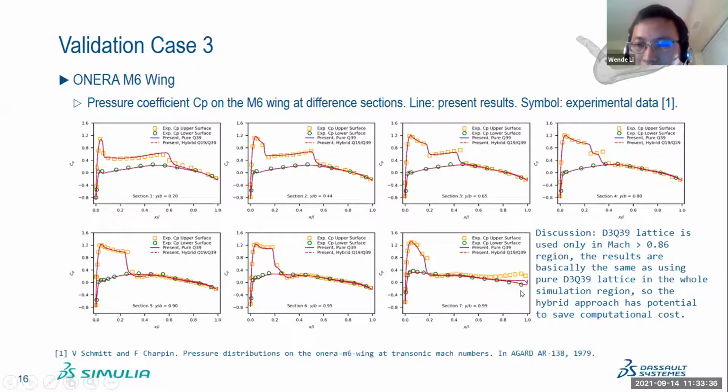So the observation is that the D3Q39 lattice is used only in this region, but the results are basically the same as using the pure D3Q39 lattice in the whole simulation domain. So this hybrid approach has the potential to save computational cost.